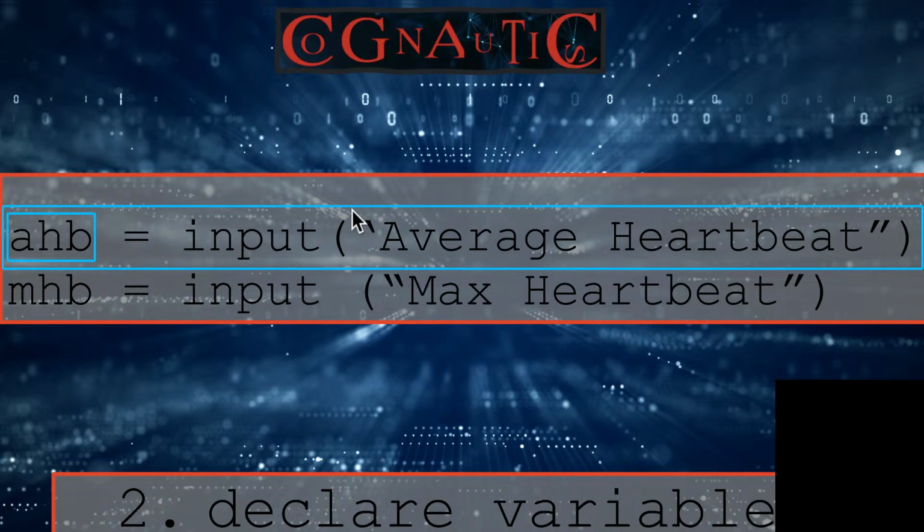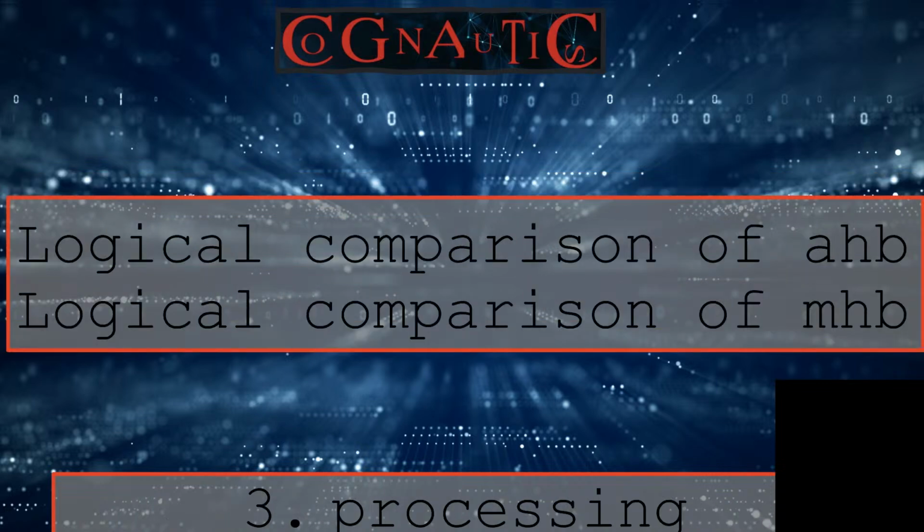It also makes this message appear on the screen, and it also saves whatever the user types in response to that message. It saves it inside this AHB variable, which is a named location in memory, which has a value or can be assigned a value. All right, so that is really important there.